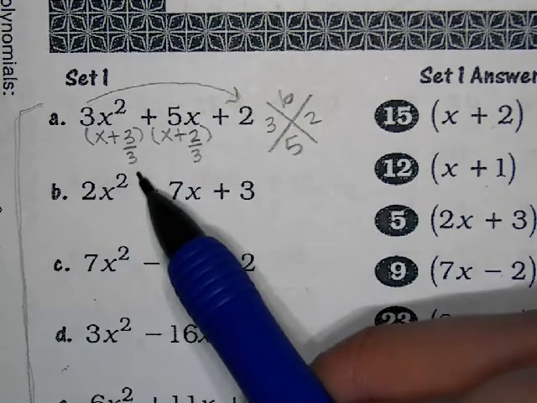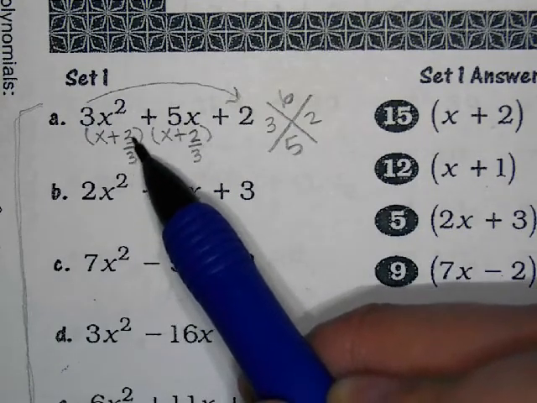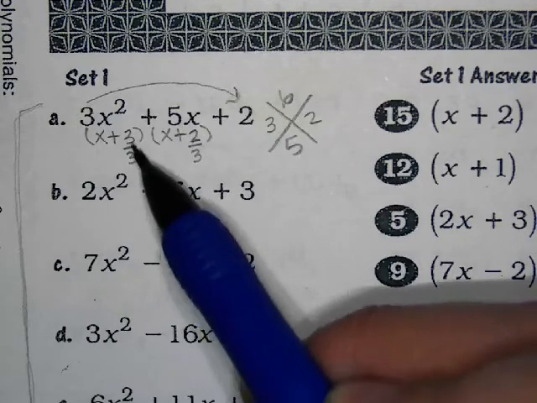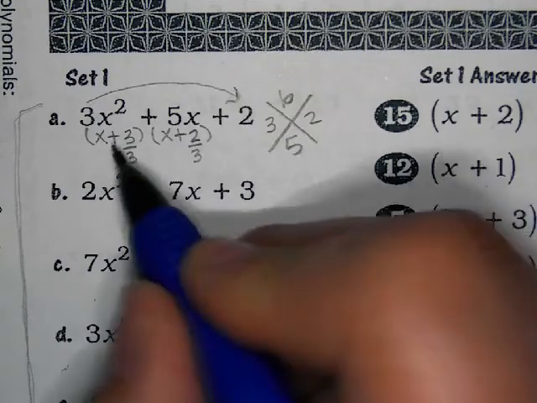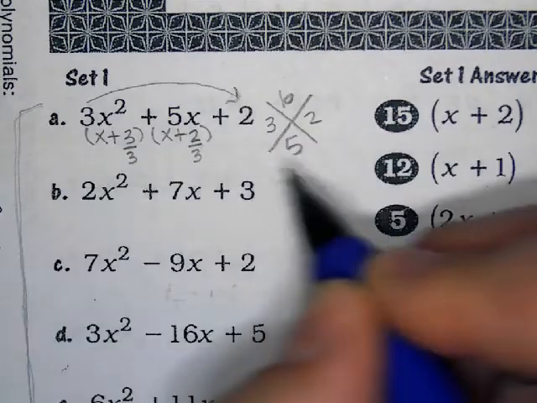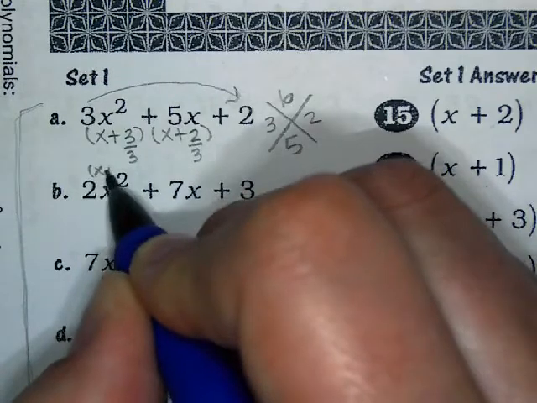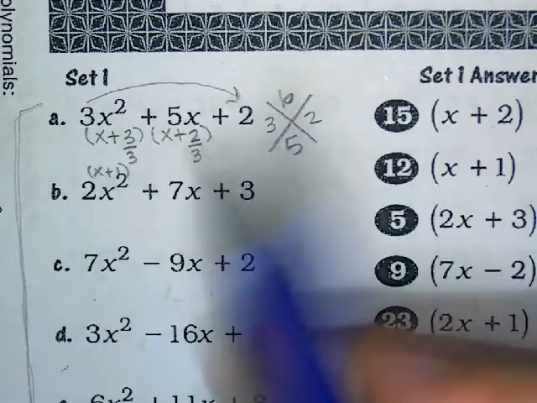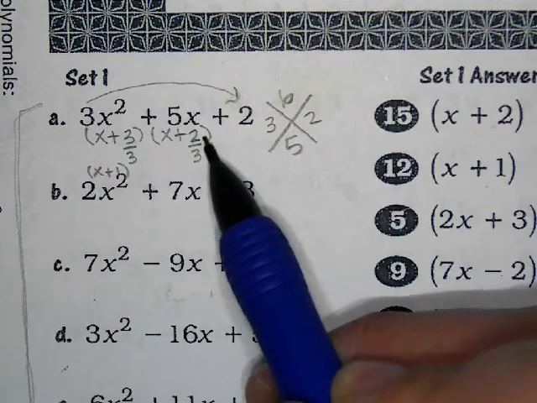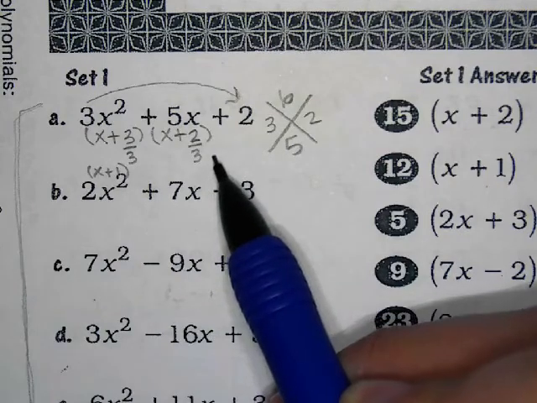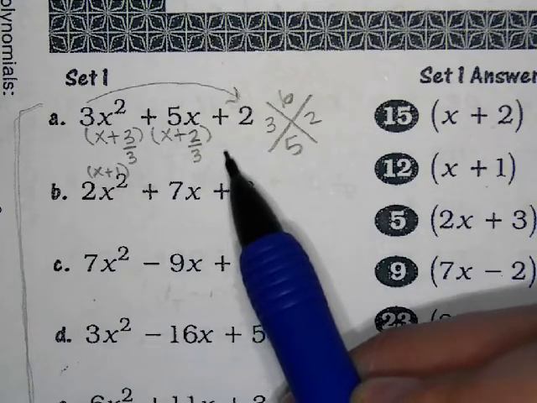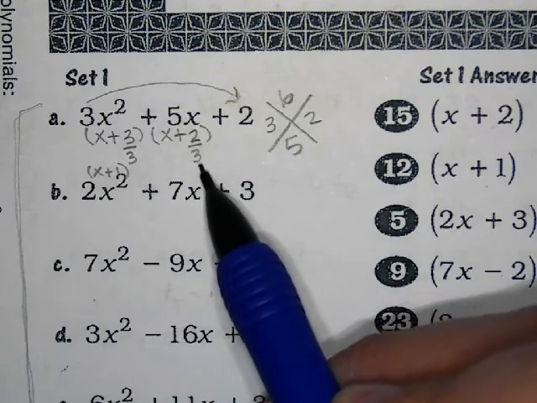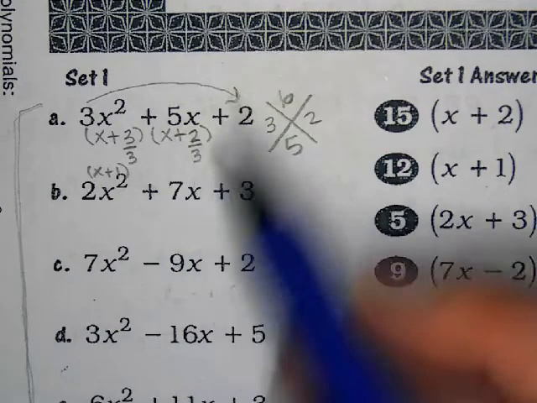So for the first set of parentheses, we have x plus 1. And then the second set of parentheses, we have 2 over 3. Does 2 over 3 reduce? It doesn't reduce. So if it doesn't reduce, what do we do with it? Yeah, we do bottoms up. Put the 3 in front of the x. 3x plus 2. So here's the answer.